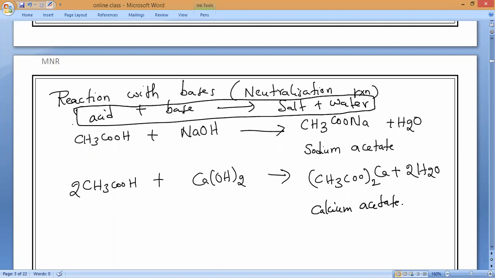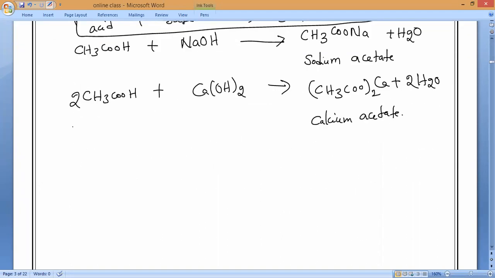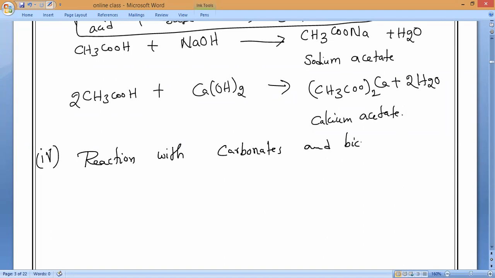Next one. Reaction with carbonates and bicarbonates. This is the most important one. Everyone remember. This reaction's name is very important, guys.